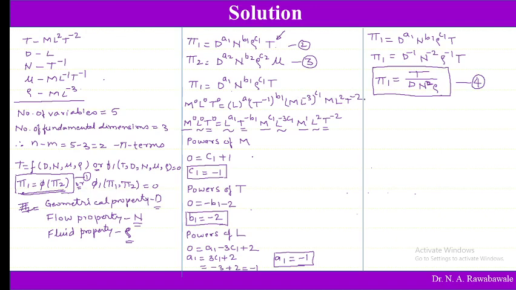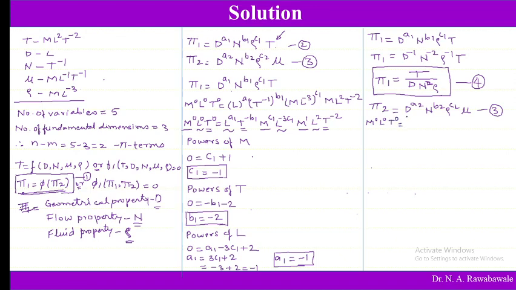Now taking the pi2 term, pi2 is equal to d to the power of a2, n to the power of b2, rho to the power of c2, mu. This is equation number 3. Again taking the pi2 term, the dimensions of pi are M to the power of 0, L to the power of 0, T to the power of 0.